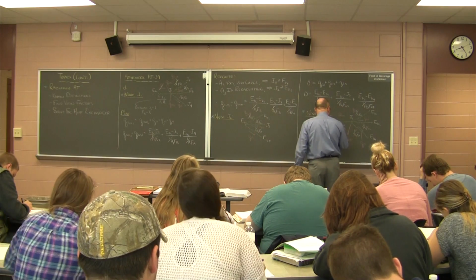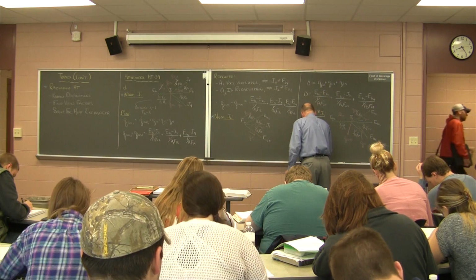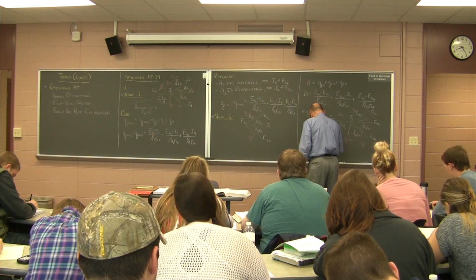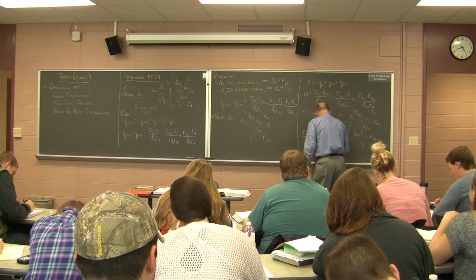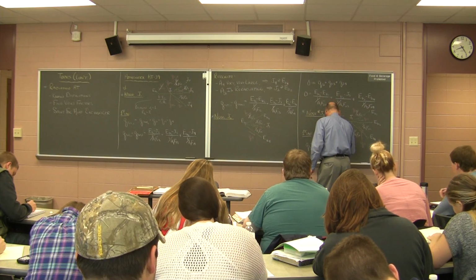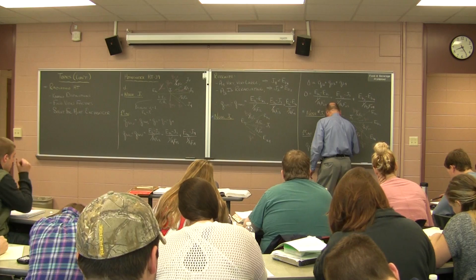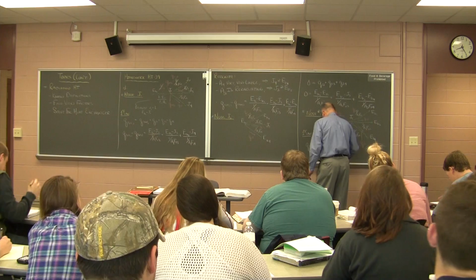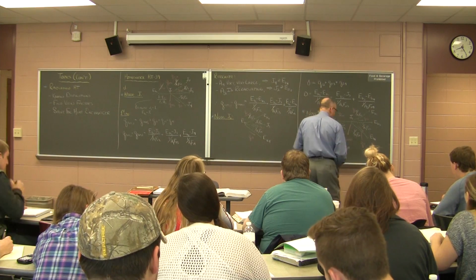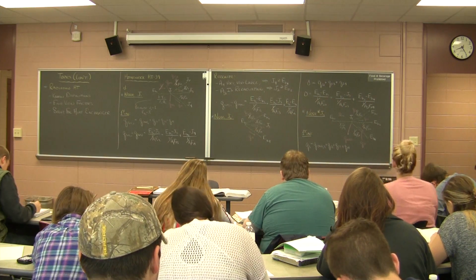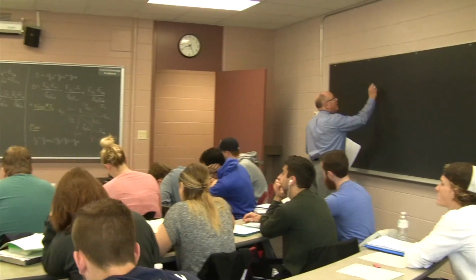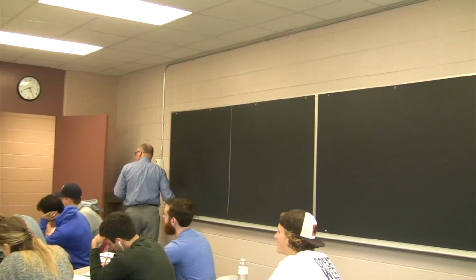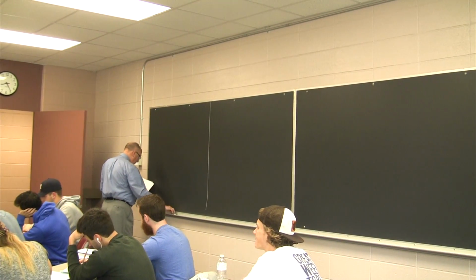So looking at the node, what comes in? Q3. What leaves? Q convection 3 plus Q3 to 1 plus Q3 to 2 plus Q3 to 4, or it looks like this.